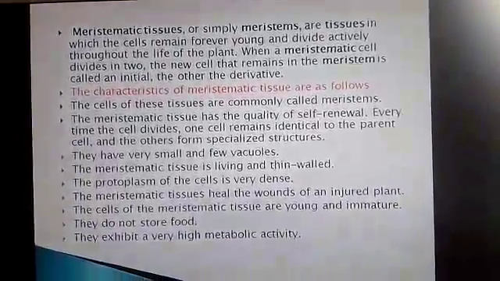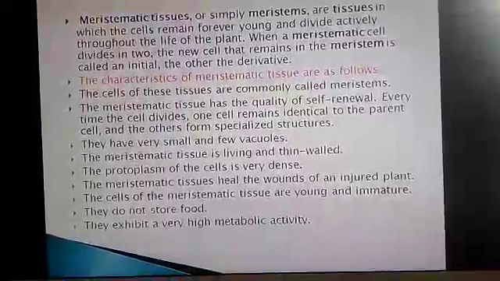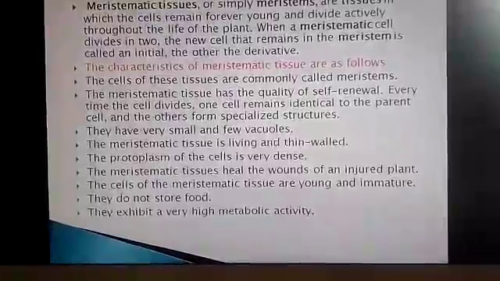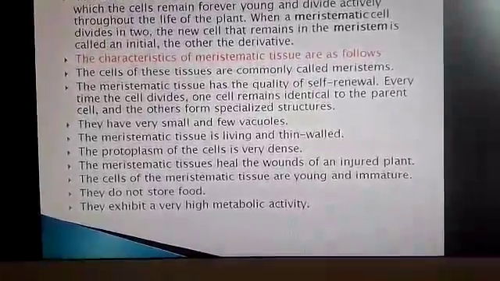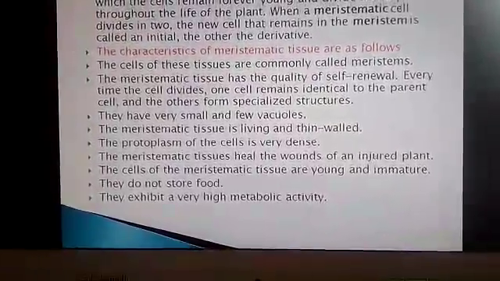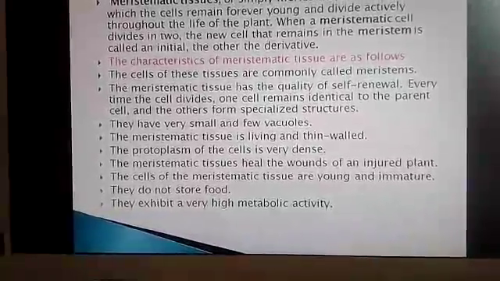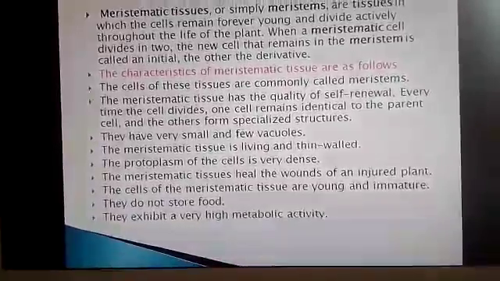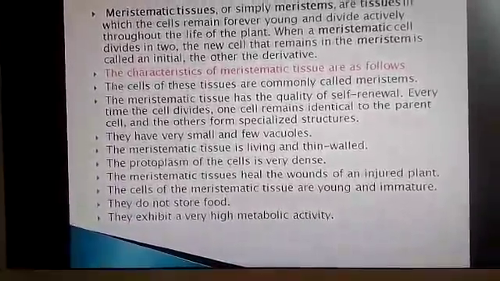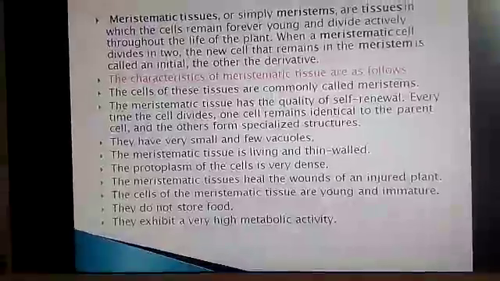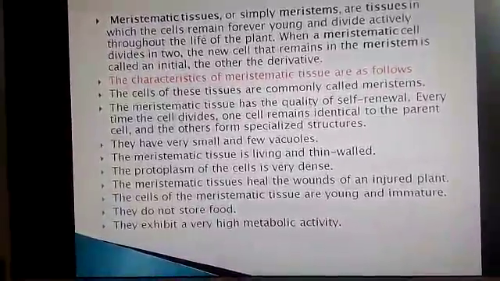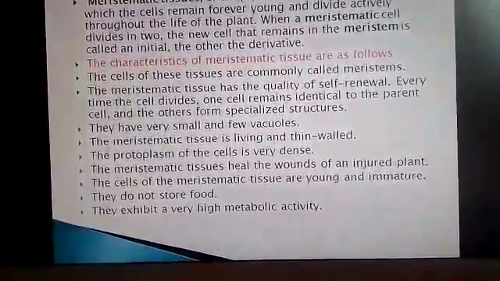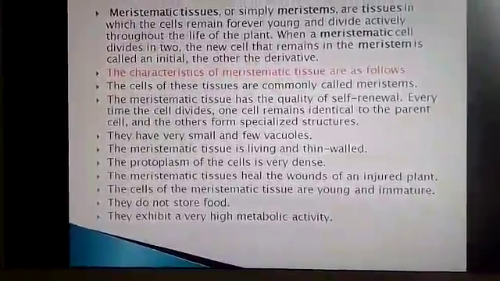When a meristematic cell divides into two, the new cell that remains in the meristem is called the initial, and the other is the derivative. In the meristematic tissue, the tissue is a group of cells, right? So each will go for cell division.